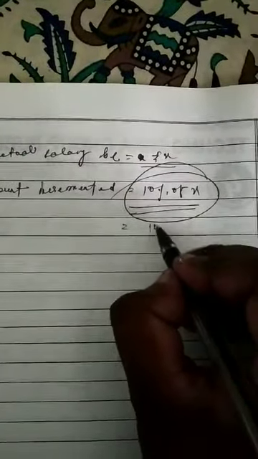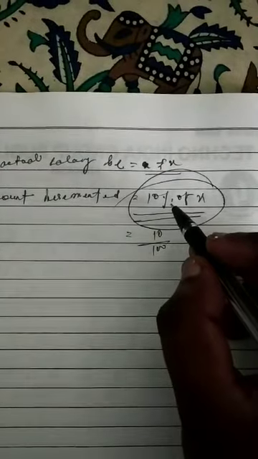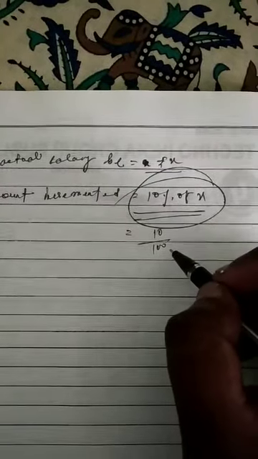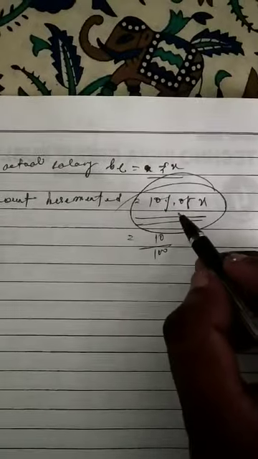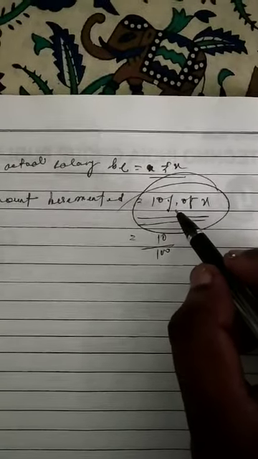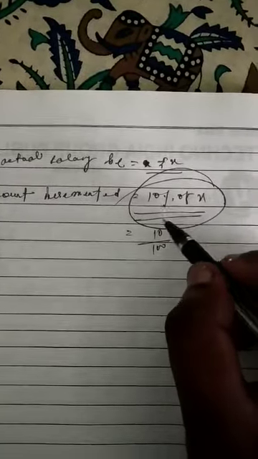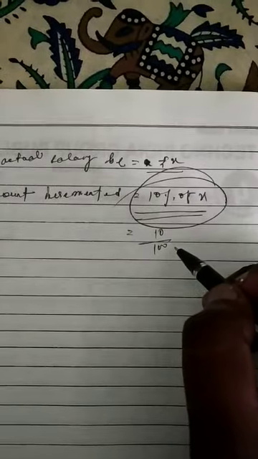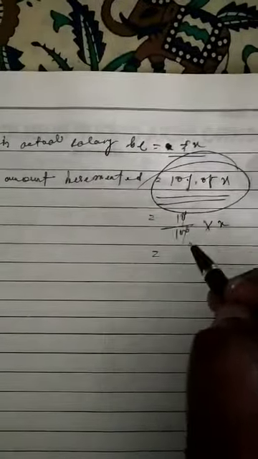Now 10% means 10 by 100 percent. Whenever we remove the percentage sign, we have to divide the value by 100. I eliminated this percentage sign and wrote 10 by 100 into X. I got 0 cancelled.